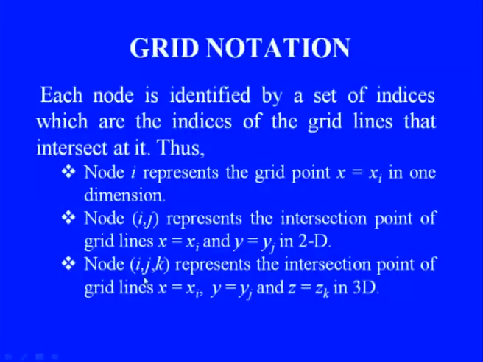Similarly, node i, j, k represents the intersection point of grid lines x equal to xi, y equal to yj and z equal to zk in 3 dimensions. Now there are some shorthand notations which we use in our grids.